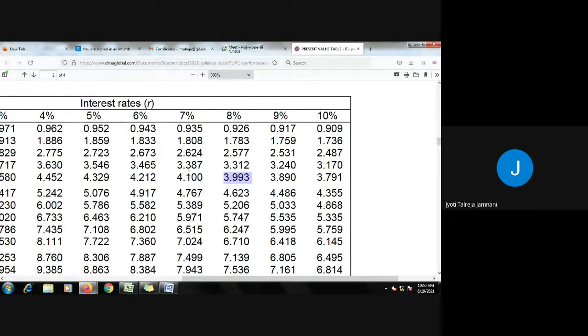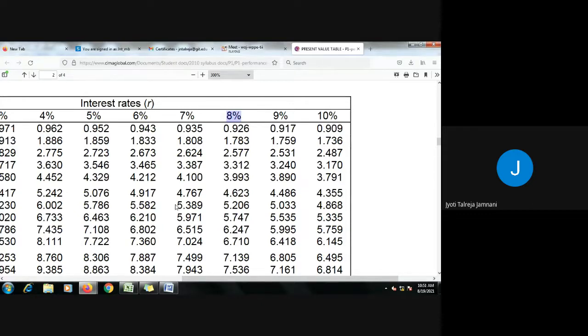These are the two things that you have to see. Now this 4.100 is at what percentage? 7%. And 3.993 is at what percentage? 8%. So these are the two rates, 7 and 8, in between which we will get our IRR. Here we need not assume 10% and solve and then see the next and the less.